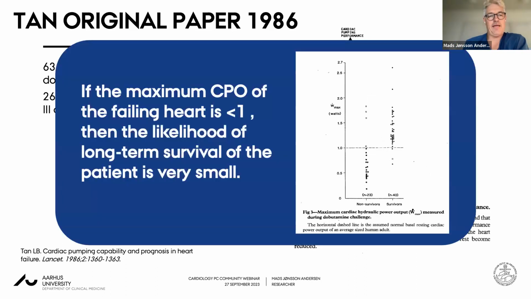And what he found was that if the maximum cardiac power output of the failing heart during dopamine was below 1, then the likelihood of long-term survival, in this case 12 months, was very small. As you can see here, the majority of the patients did not survive.